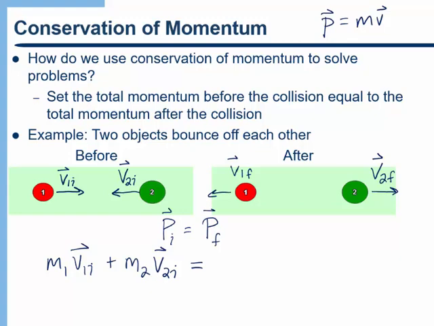The vector sum of the final momentum is just m1 v1 final plus m2 v2 final. So that's how I would write conservation of momentum. And again, the vector signs are important.